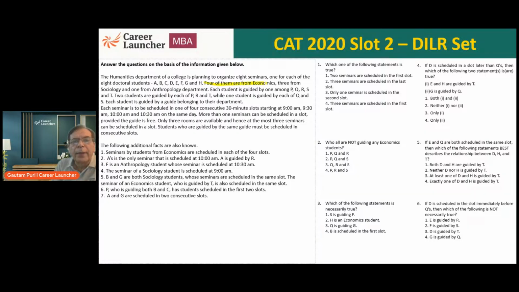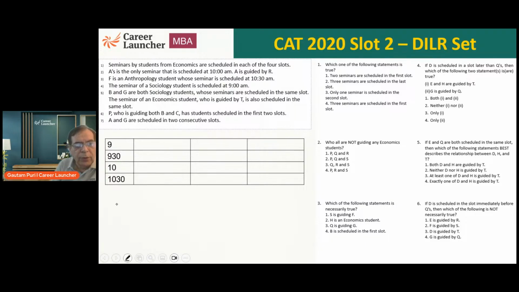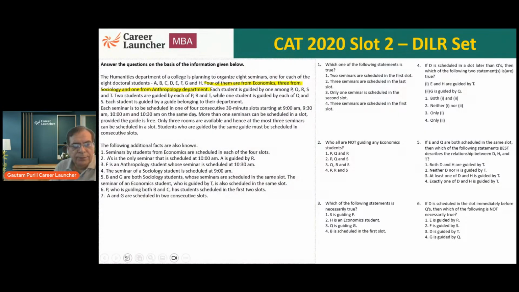4 students from economics, 3 from sociology, 1 from anthropology. So there are 4 students from economics, 3 students from sociology, and 1 student from anthropology. A total of 8 students. Right? This is what we have.